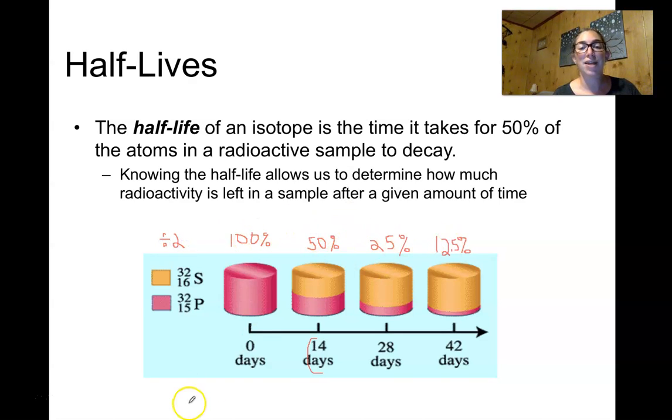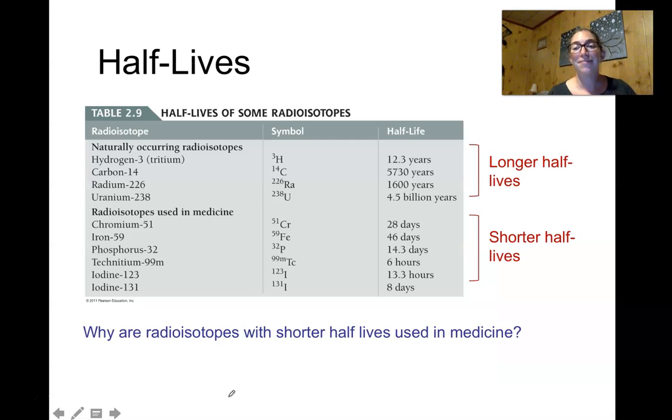Each time we go, we're dividing by 2. And what we're doing on the bottom here is adding 1 half-life. In this case, it's 14 days, so we're adding 14 days. I'll say add a half-life because I'm too lazy to write the E.